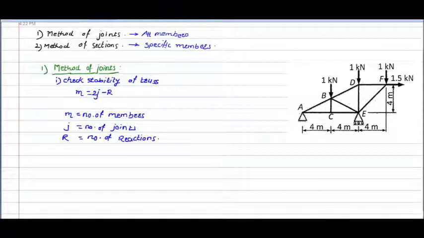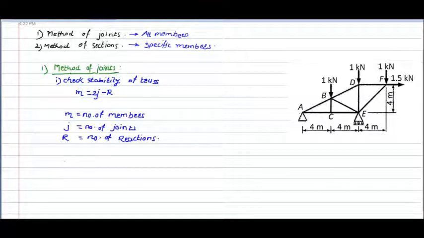In this example, suppose we have to apply this first step here. Afterwards I will list out all the steps together, but as of now, along with this example, I am going to explain. For this particular truss, first of all list out the number of members.